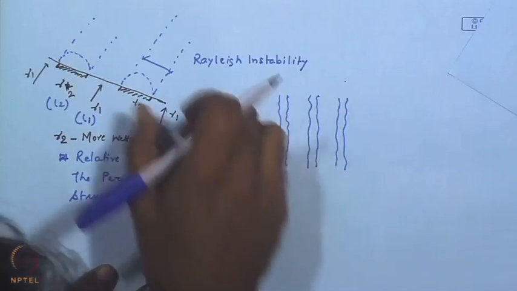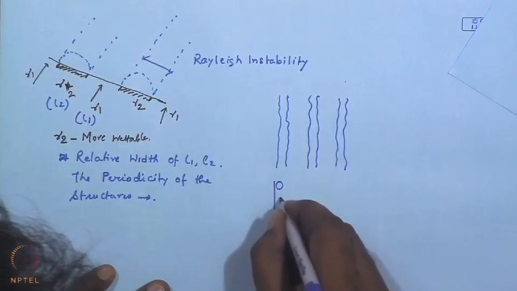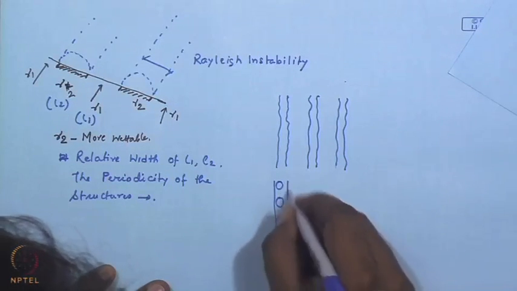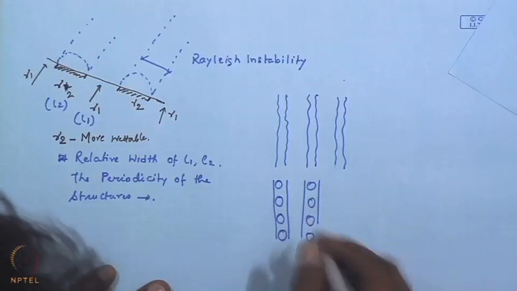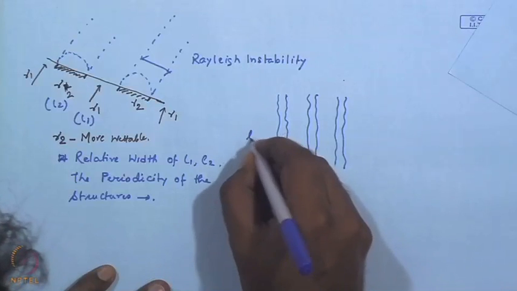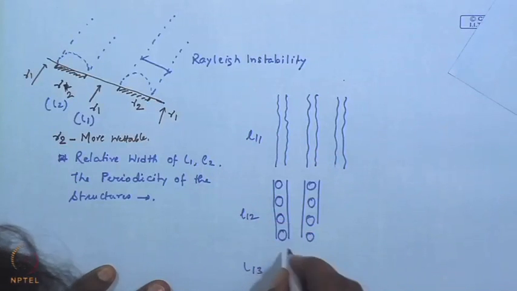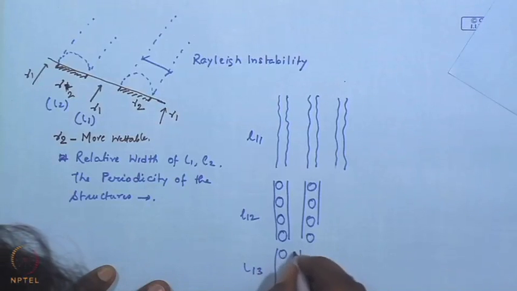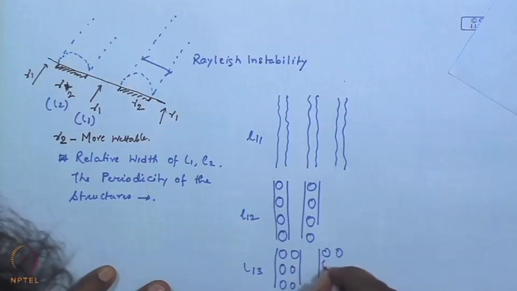But in contrast, if you have wide rings, let us say few micron, then you might have aligned droplet arrays. Okay. Like this. For even wider, so let us say this is L1 1, this is L1 2, for L1 3, even wider zones, you might have a double periodic array of droplets.